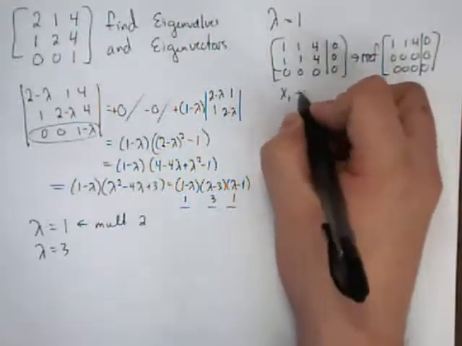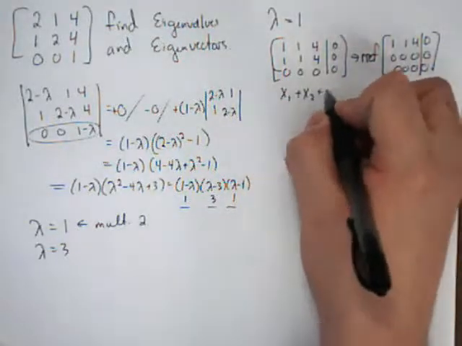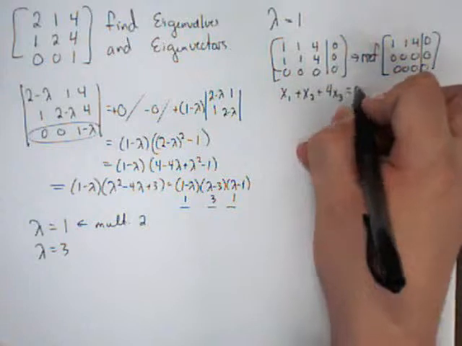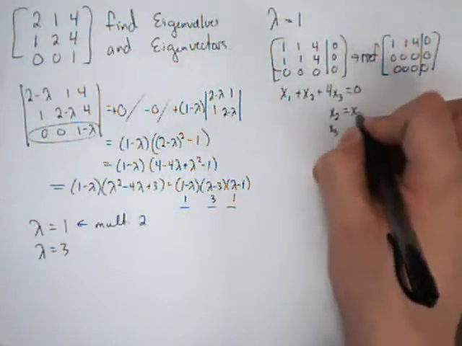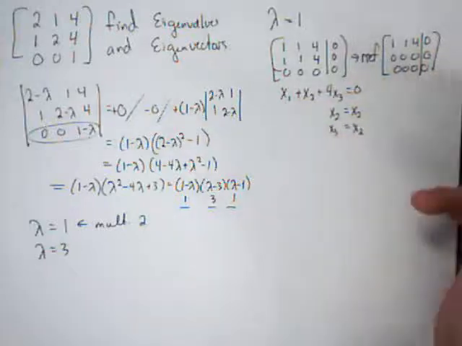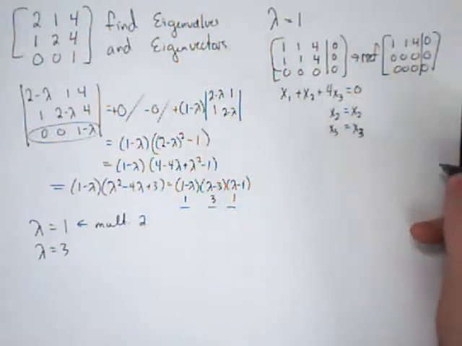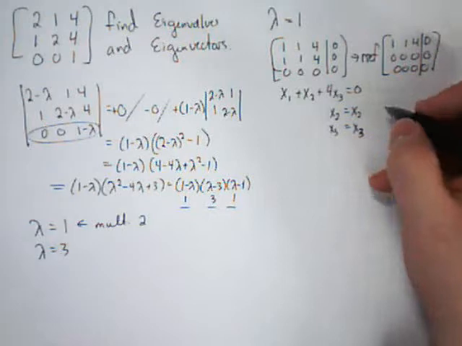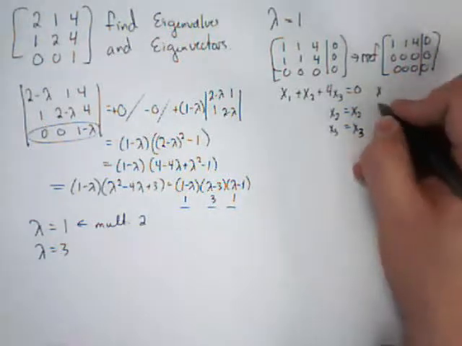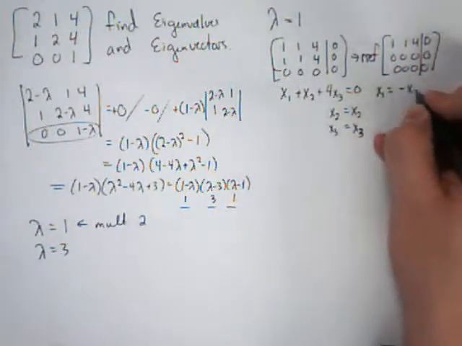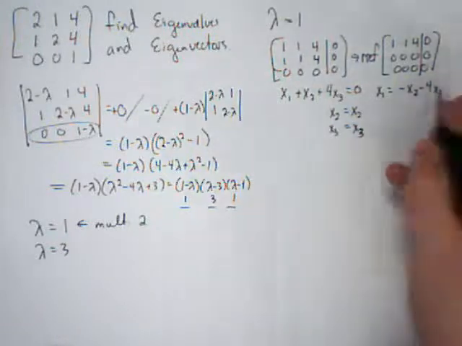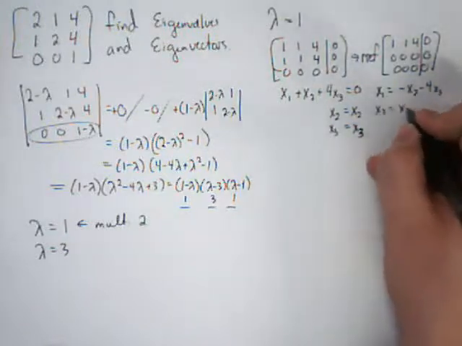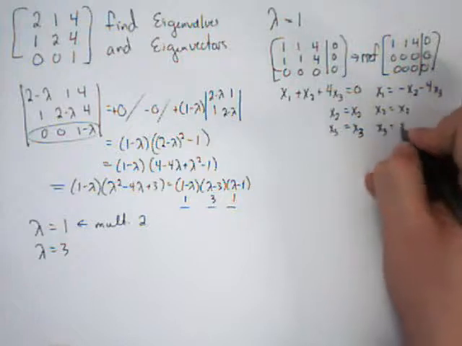I can now write this in terms of a system. We've got x1 plus x2 plus 4x3 is 0. We also have x2 and x3 are both free variables, so I'll include an equation that says x2 is x2 and x3 is x3. I'm going to rewrite that now as x1 is negative x2 minus 4x3, x2 is x2, and x3 is x3.